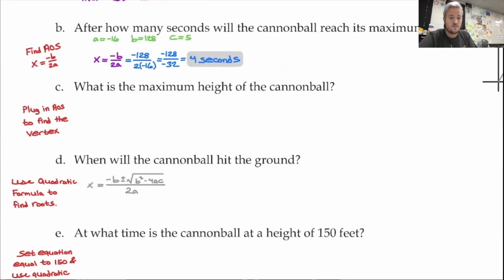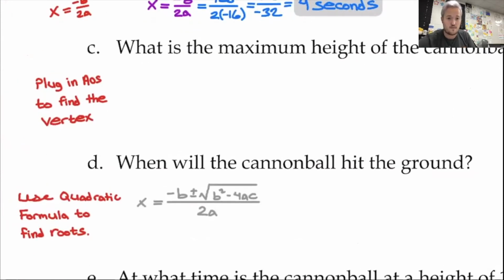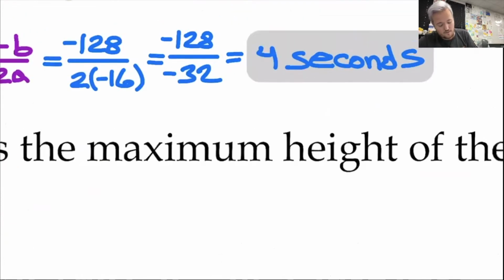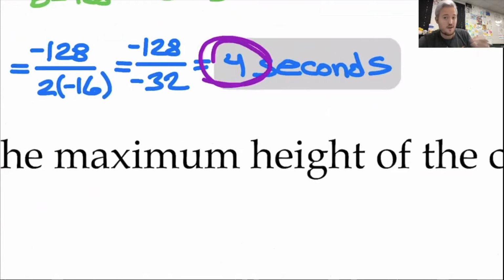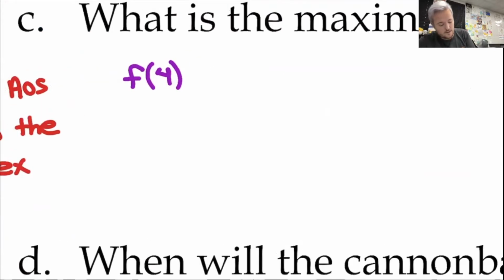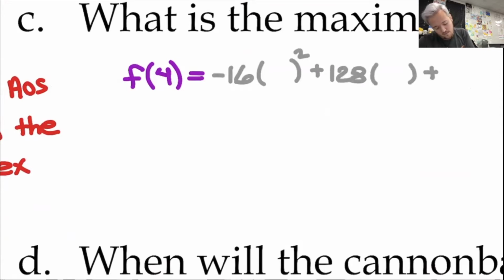All right, so I'm going to plug in the AOS to find the vertex. So in order to do that, I know my vertex value is 4, so that's what I'm going to plug in. So I want to find f of 4. So when I say find f of 4, that means I'm going to plug in 4 for any t value. So -16, that's going to be 4 squared, plus 128 times 4, plus 5.